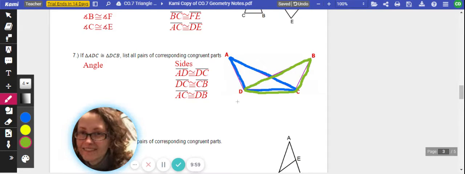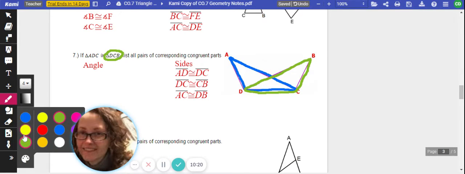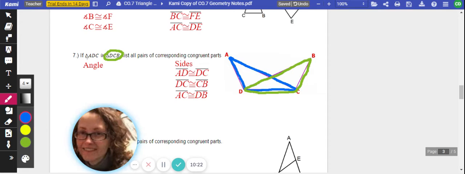All right, maybe not perfect, but at least we can see the distinction between the two triangles that we're looking at. I'm looking at triangle ADC and triangle DBC. So those are the ones that I ended up highlighting. Triangle DCB is my green triangle, and my blue one is triangle ADC.